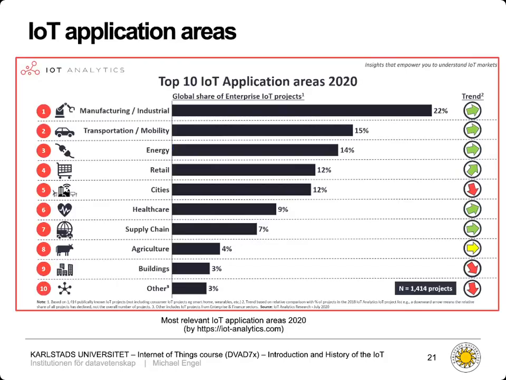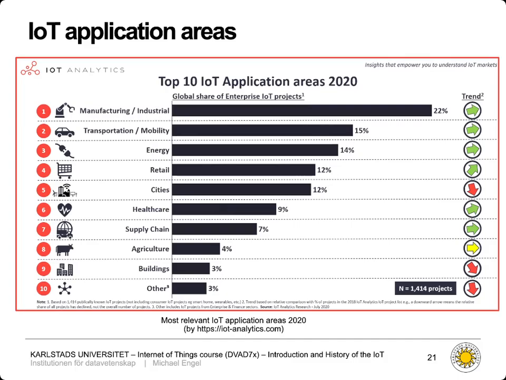So when we talk about IoT, of course, we have to talk about where IoT is actually used. And this is a nice overview I found about the top 10 IoT application areas from almost 2 years ago. And what's interesting here is actually that IoT has much more significance in areas where we don't expect it right away. So all these applications like smart buildings and smart homes, they only make up a very small part of the IoT application market.